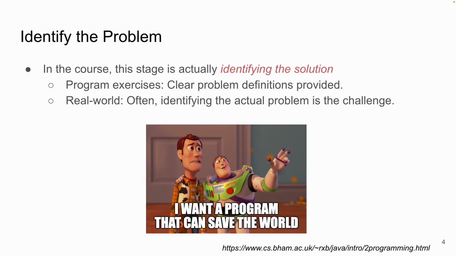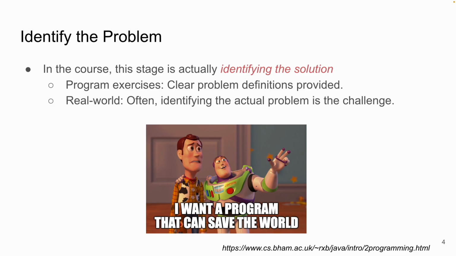In this course, we don't really need to identify the problem. The reason is that for the programming exercises you get, the TA and I actually help you identify the problems, because you have a really clear description of what the input and output are.